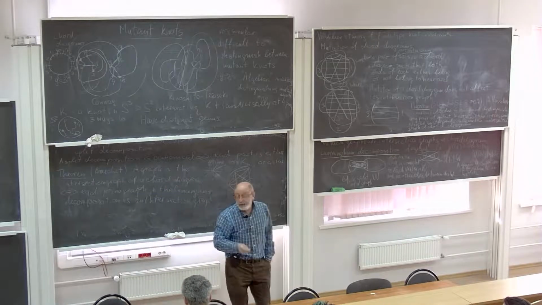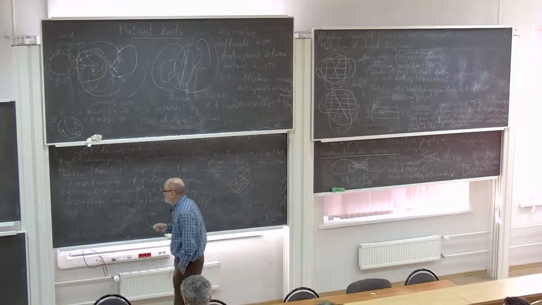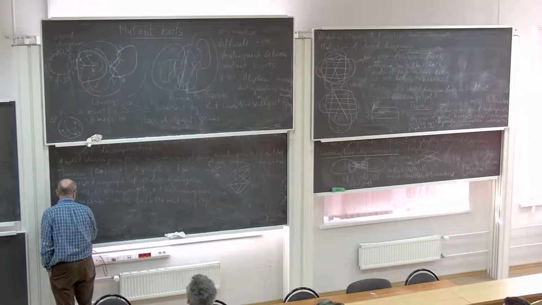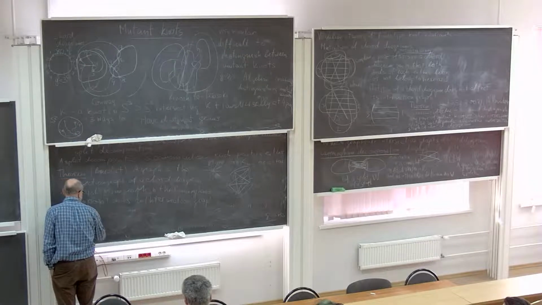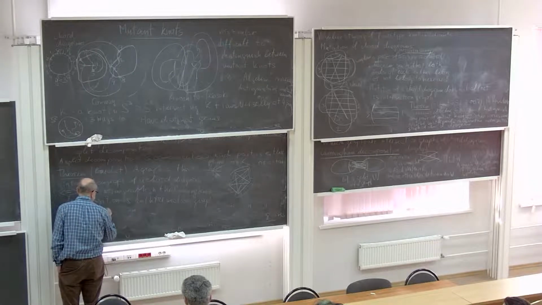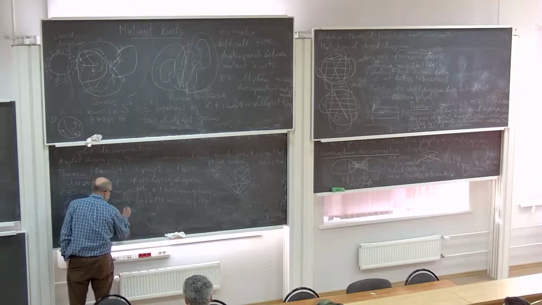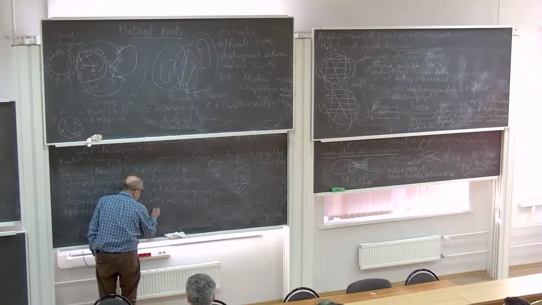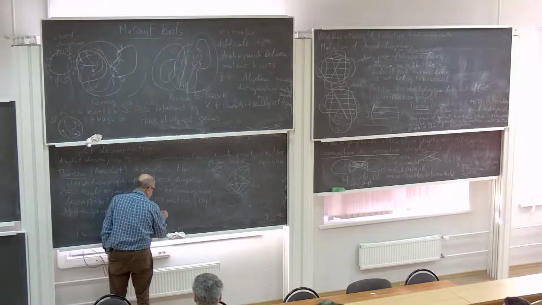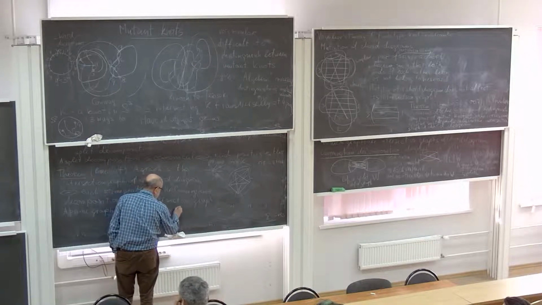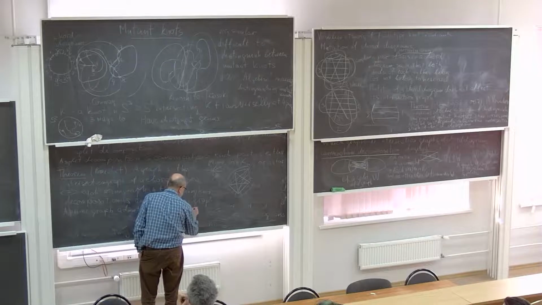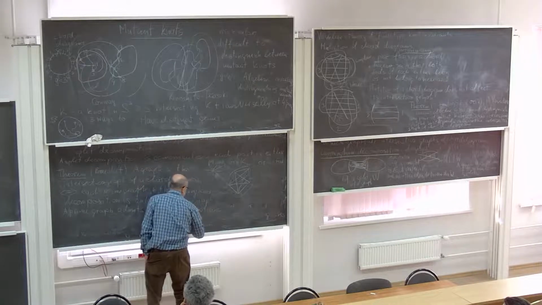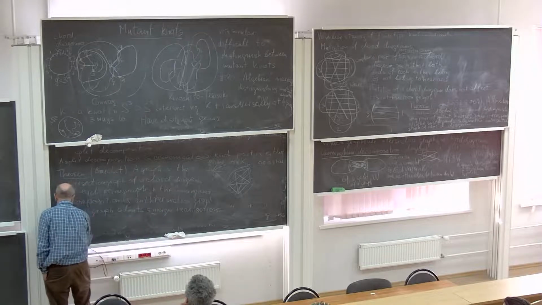And moreover, a prime graph admits a unique realization as the intersection graph, if any.